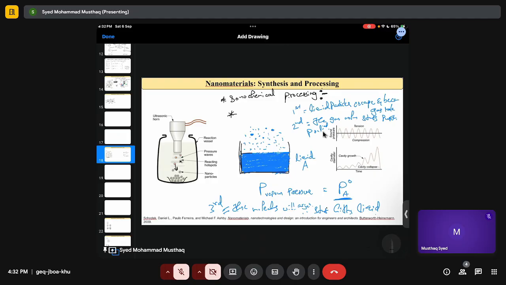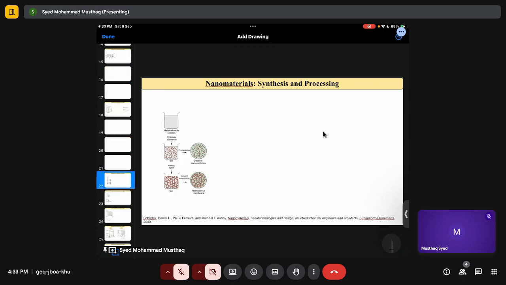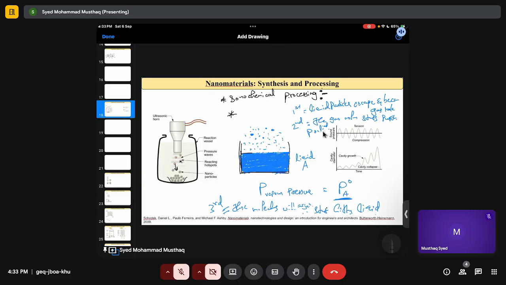Okay. Now, moving on to the next one, which you can call sol gel deposition. See, the hotspot can reach up to like 5,000 degrees centigrade. So the temperature goes that high at that point whenever you have this bubble formation.